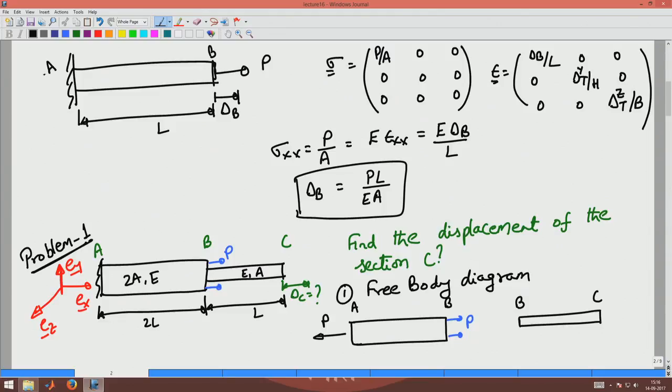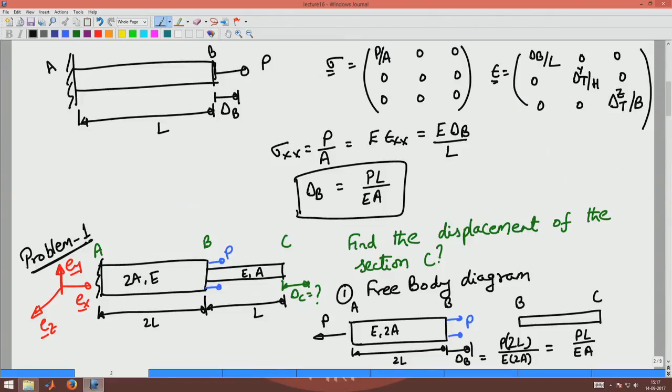It is similar to the case wherein we saw just now AB subject to axial load P. So, this edge would displace by delta B, which is given by P times 2L by E times the area, because this has the Young's modulus E, 2A is the area of the cross section and length is 2L. In other words, delta B is PL by EA.